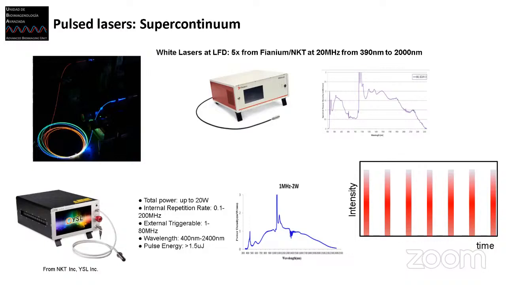And basically, instead of having a continuous amount of light, you see that we have a short pulse and then nothing, short pulse and then nothing, short pulse and then nothing. And we take advantage of these windows because if you have detectors that can detect the photons coming after excitation, well, we can do lifetime.